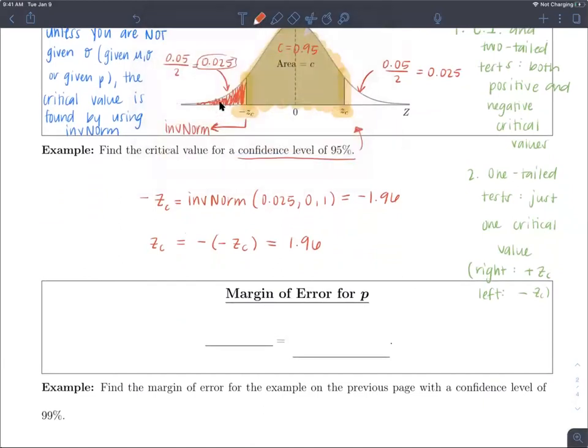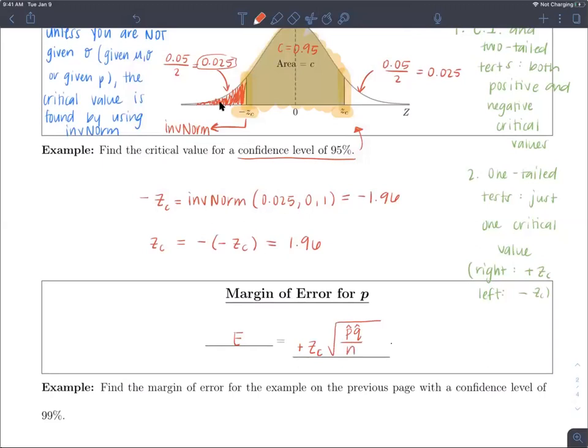Remember, margin of error is the variable e, and that's the number that you're going to add or subtract to your point estimate, right? And so e is equal to the critical value, the positive version of z sub c, multiplied by the square root of p hat times q hat over n.